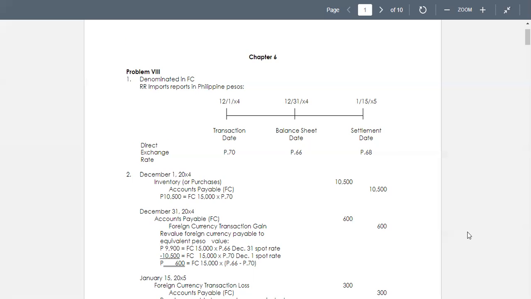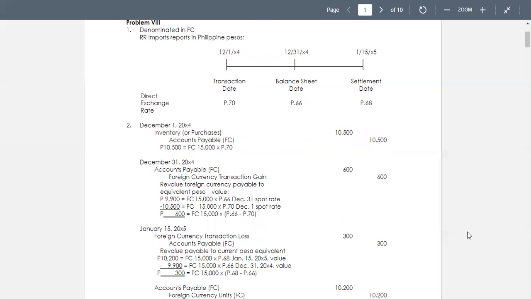Next, we have January 15, 20X5. That's already our settlement date. So on this date, we debit foreign currency transaction loss and finally credit accounts payable. So the amount revalued to current peso equivalent is 15,000 times 0.68 during the settlement date.